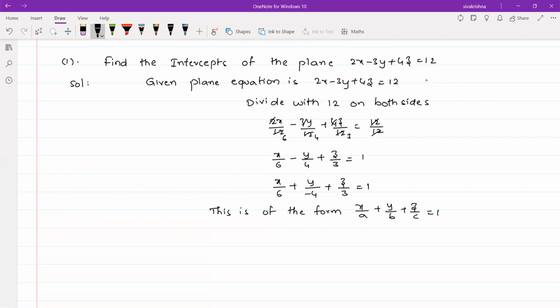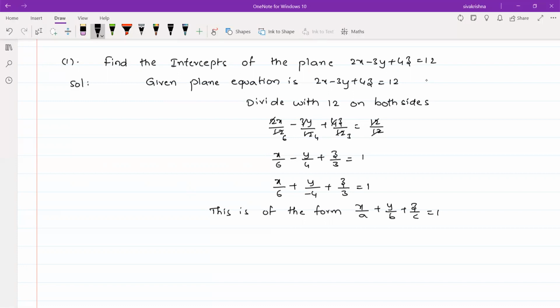Whenever you have converted the given plane equation to intercept form, the value below x can be named as x-intercept, the value below y can be treated as y-intercept, and similarly the value below z can be treated as z-intercept.